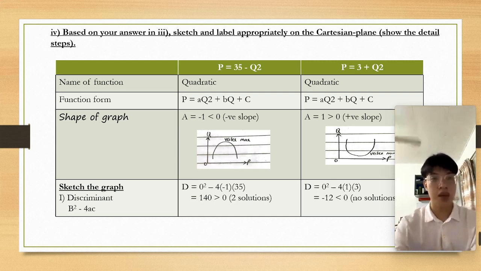For P equals 3 plus Q squared, we get a equals 1, more than 0, so that we get a positive slope. The vertex maximum for P equals 35 minus Q squared is on the upside, and for P equals 3 plus Q squared, the vertex is from below.